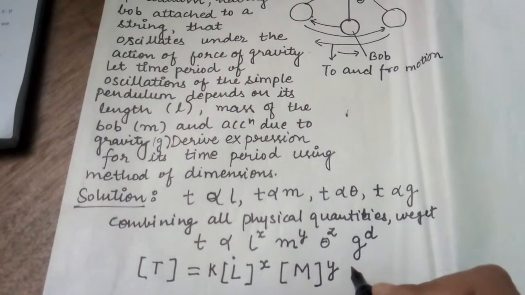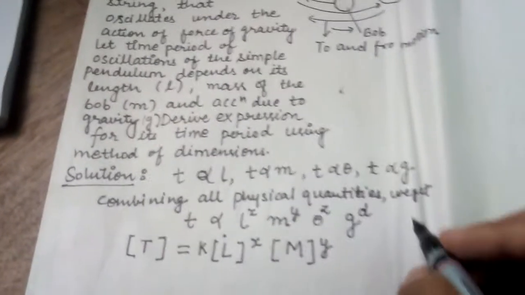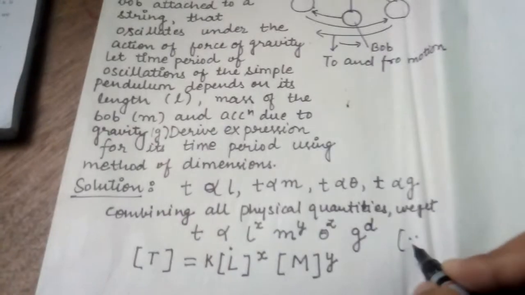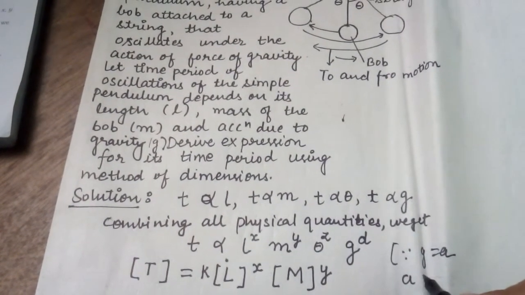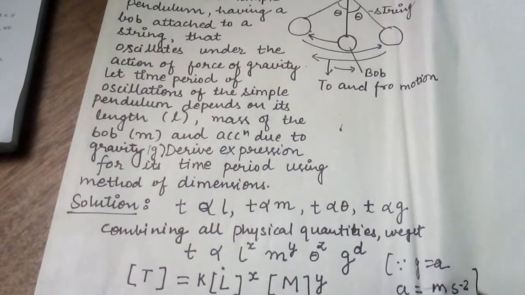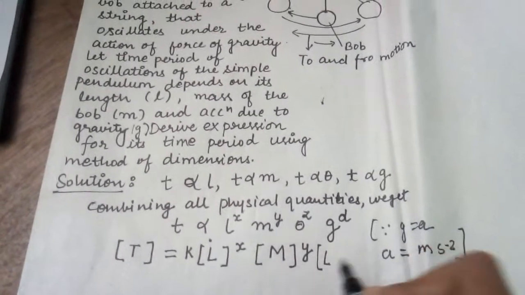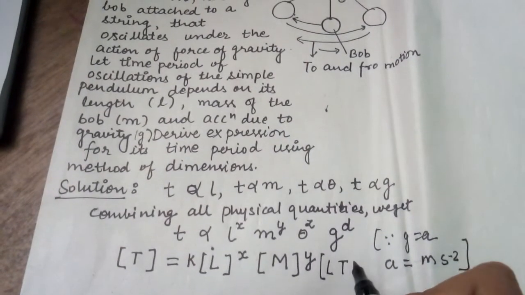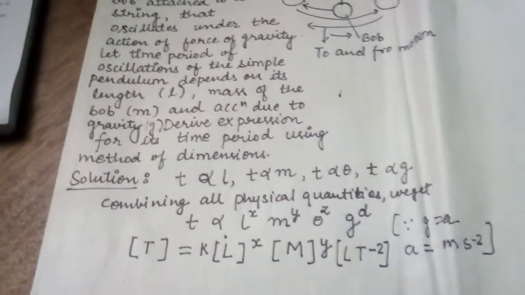Now g is equal to acceleration, and acceleration a has unit meter per second square, so we can write it as length per time square, that is M0 L1 T to the power minus 2.